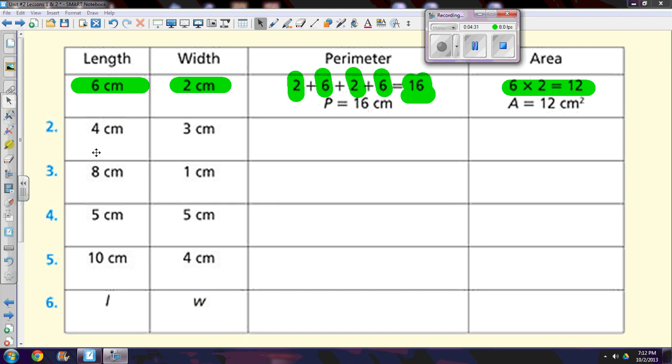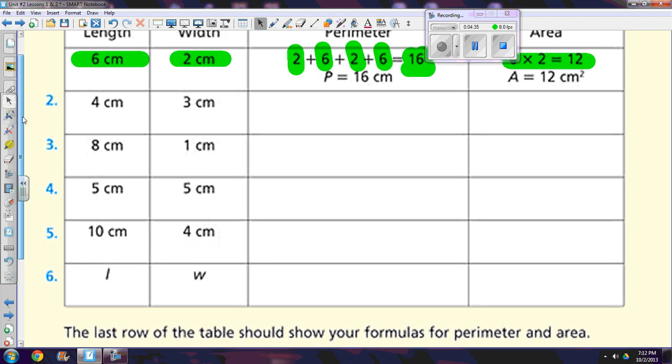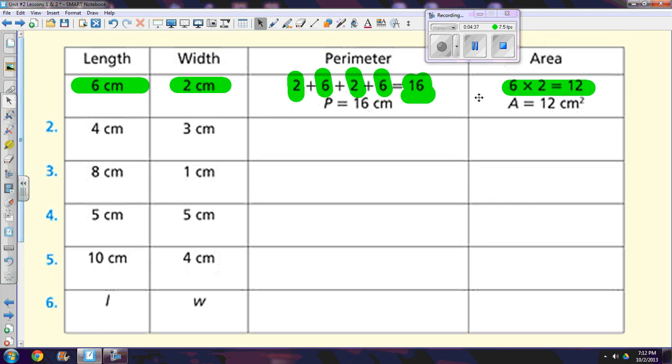So in your notebook, write number 2. Number 2, 4 centimeters and 3 centimeters, length and width. So for the perimeter, 4 plus 3 plus 4 plus 3. 4 plus 3 is 7. 7 plus 7 is 14.